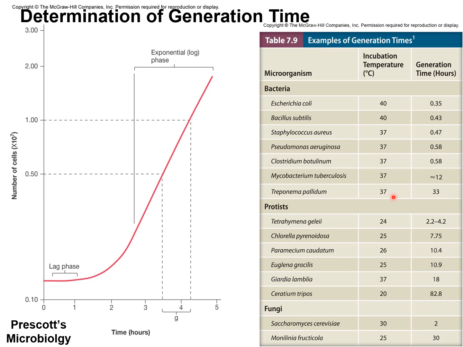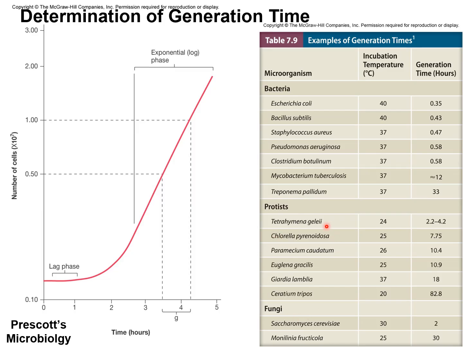The other thing I want you to notice, we've got some eukaryotic microorganisms. We've got some protists here and some fungi. And notice that their generation times are in general going to be much longer than the prokaryotes. And the reason for that is because the eukaryotic cells have a lot more DNA to copy.